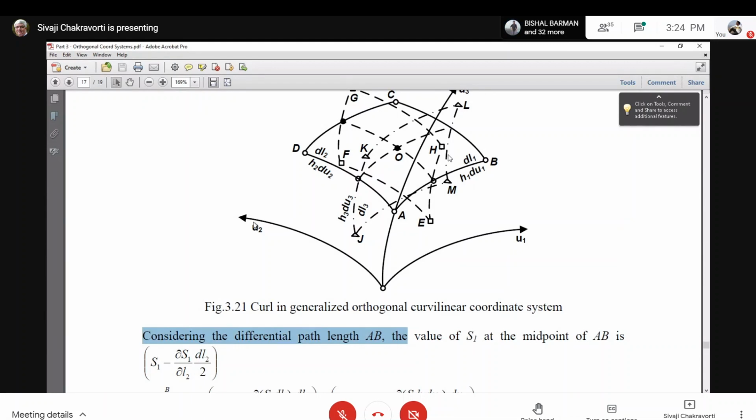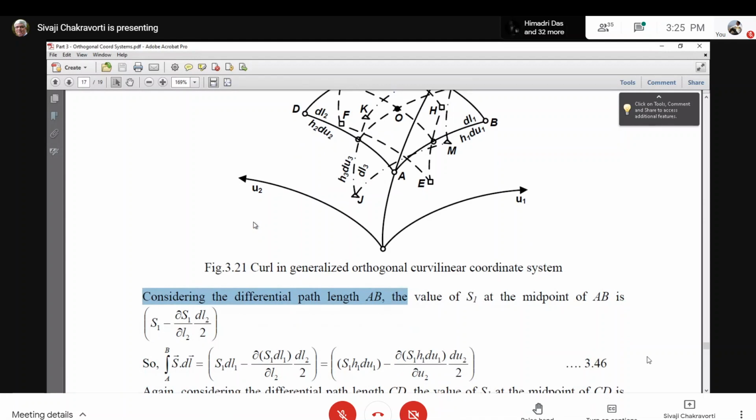S2 and S3 will be orthogonal to line AB, so you cannot multiply that with this length. If you take a dot product, it will be 0. So we are taking only S1. So S1 minus del S1 del L2 dl2 by 2. Please remember this is del S1 del L2, because this is O to the midpoint of AB. This is along the U2 direction, this dotted line. Similarly, the midpoint of CD.